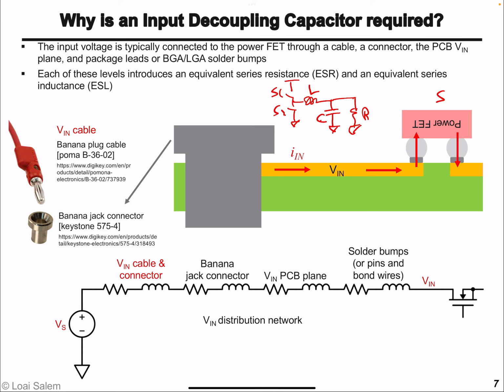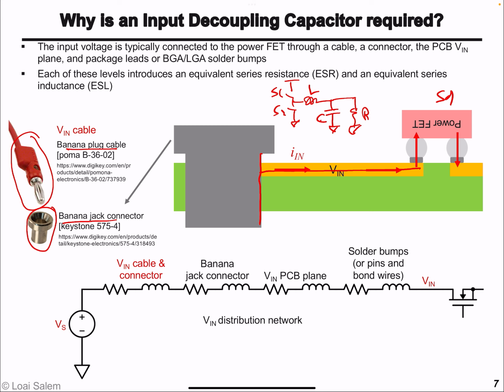S1 is essentially a transistor, and its input is routed through PCB traces or plane up to a header, or what we call a banana jack, that looks like this. This banana jack receives the banana plug cable from a benchtop power supply, which we use to characterize our buck converter.